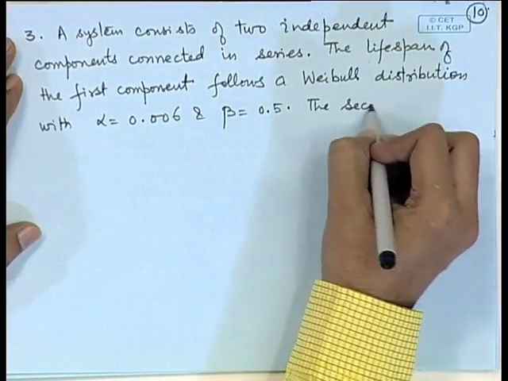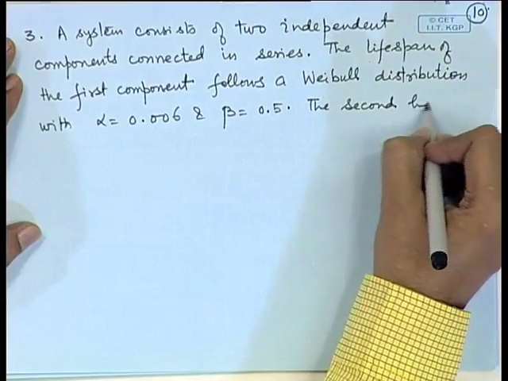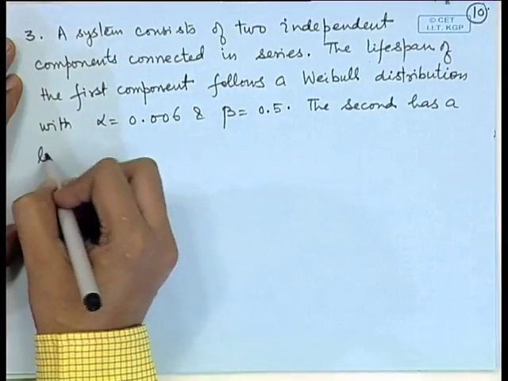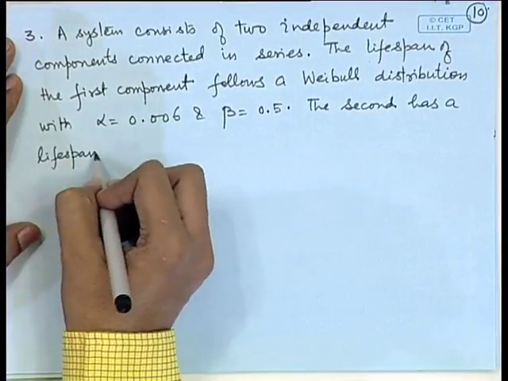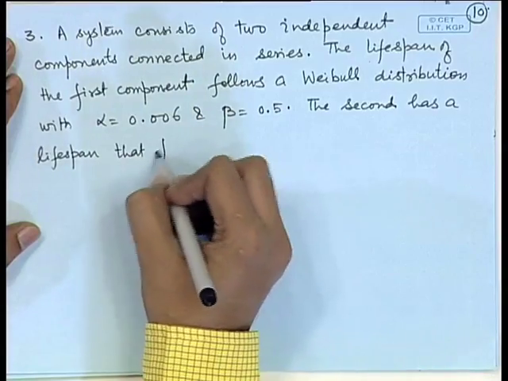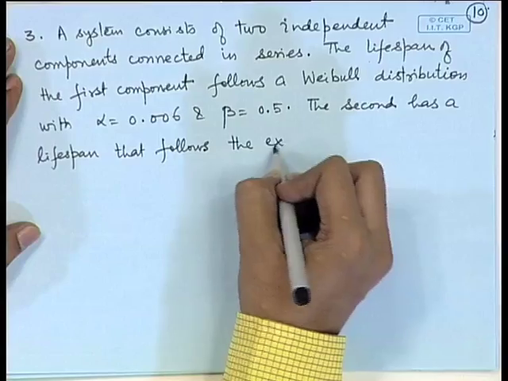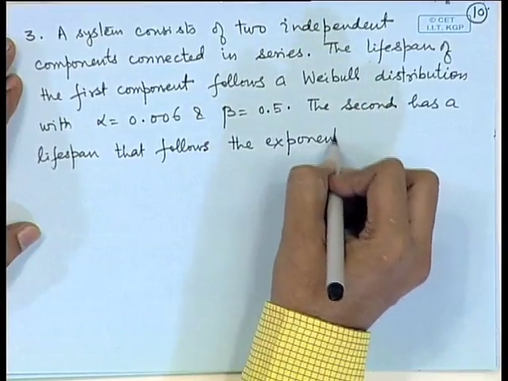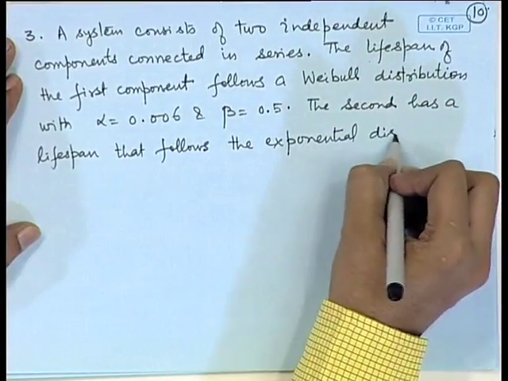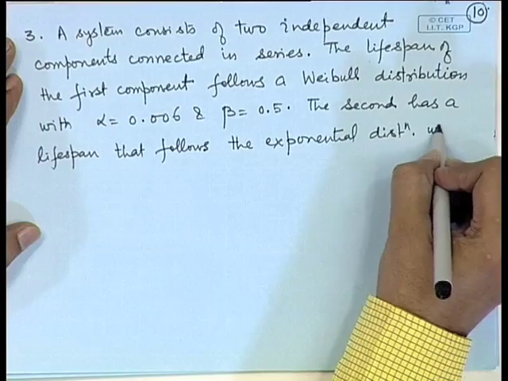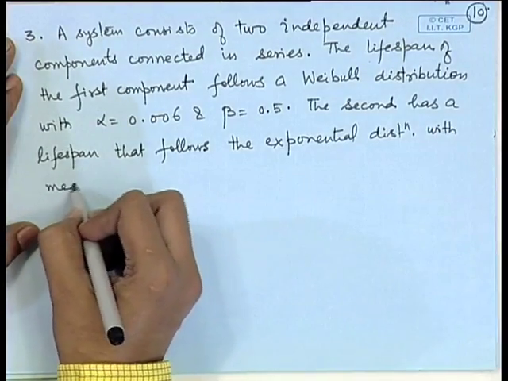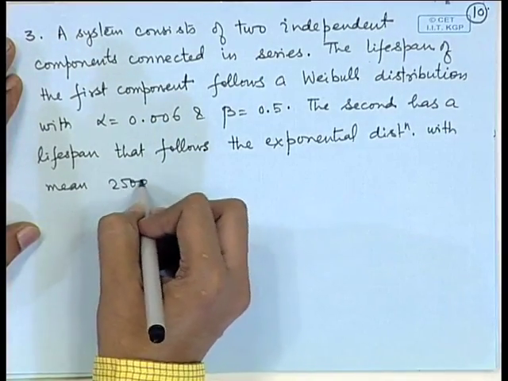The second component has a lifespan that follows the exponential distribution with mean 25,000.